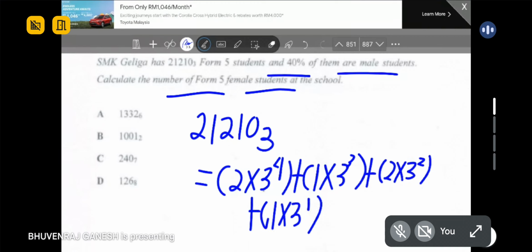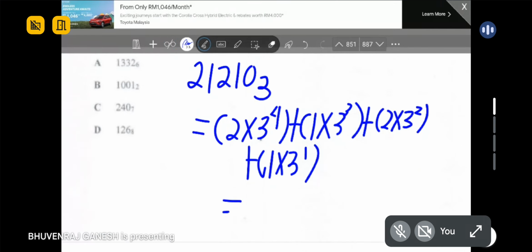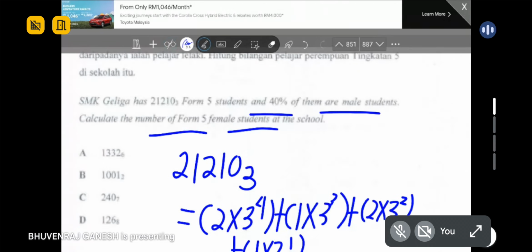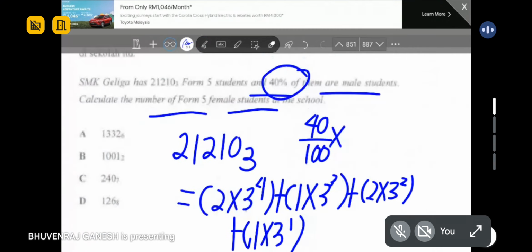Okay, so you guys will actually get how much? Kamu kira nilai dia. You just tekan calculator lah, guys. You will get 210, base 10. Okay, so 40% is male, 40% lelaki. So 40% times 210 lah, guys. So lelaki sama dengan 84.